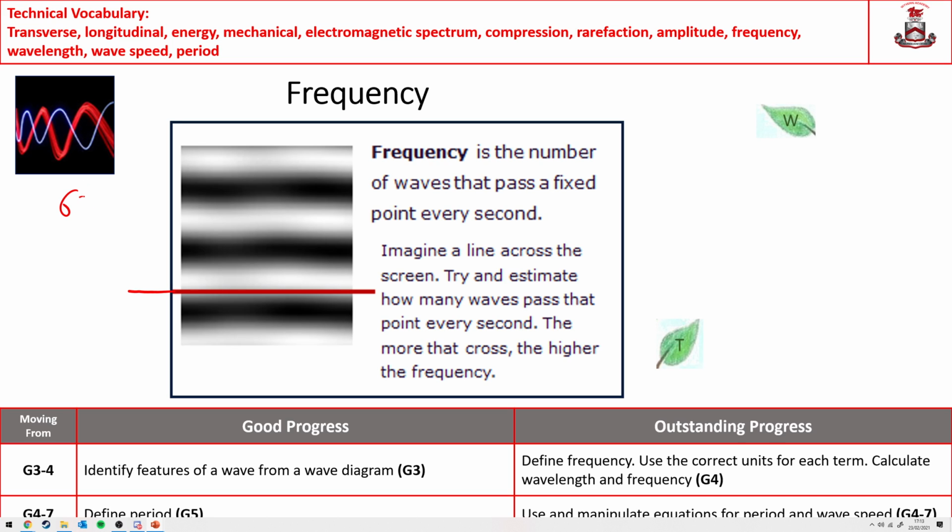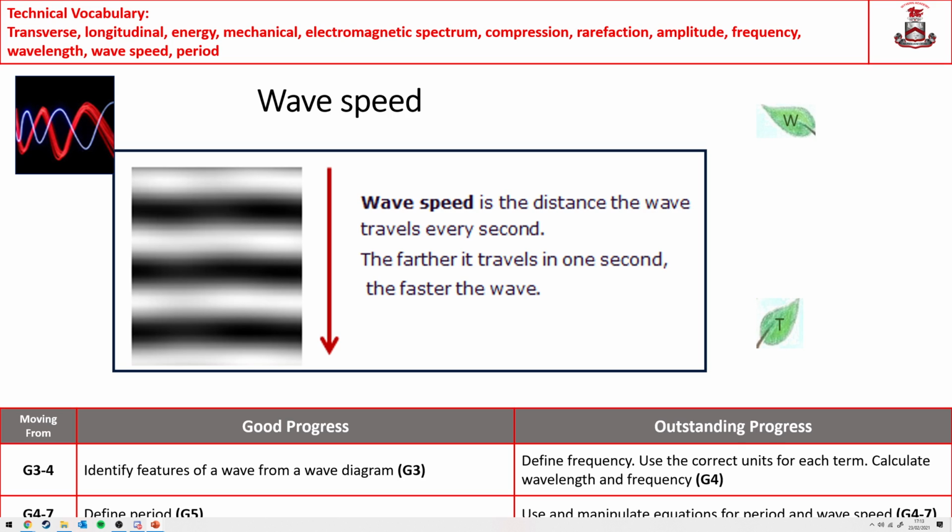Let's say in 60 seconds I get 120 waves passed. Well, that means every 1 second I get 2 waves passed. That means my frequency is 2 hertz. 2 hertz is saying every second I get 2 waves go past this line. Wave speed, we know what the speed is. A wave speed is just how fast is that wave traveling.